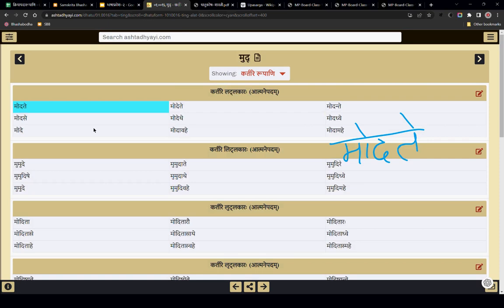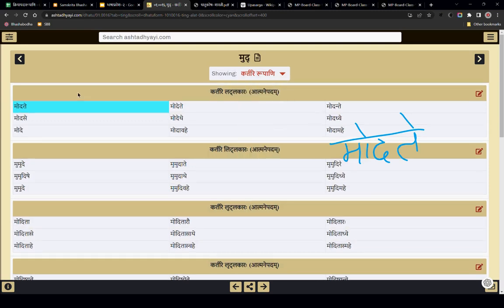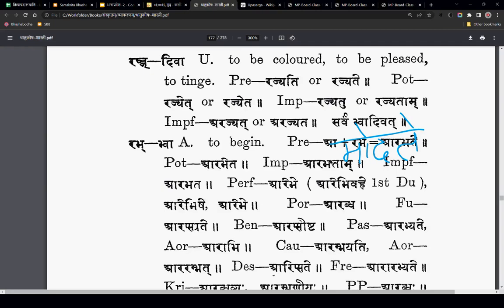But if you convert that to the preranarthaka dhatu: kartari prayoga saha modate, balaha modate, karmani bhave becomes tena mudyate. But what if it is preranarthaka? So modate in kartari prayoga, preranarthaka becomes what? What is its form? Let's see.